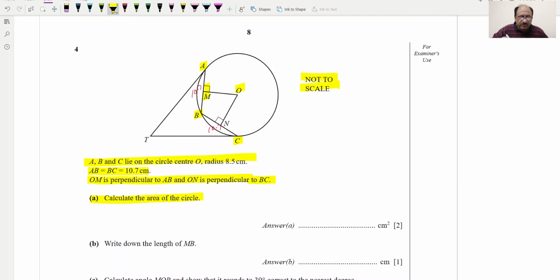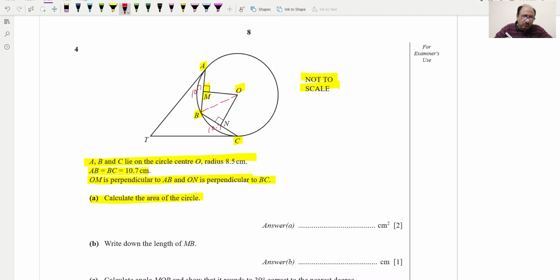Now for the area of the circle we basically require the radius. So how will we find the radius? We can find the radius, and if we indicate the radius over here, this one, OB will be the radius. Now to calculate OB, 10.7 is given, and what else is given?